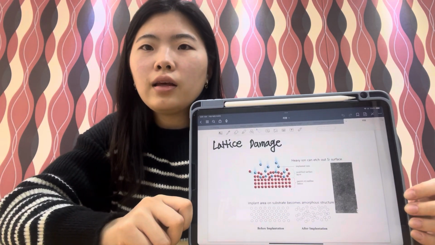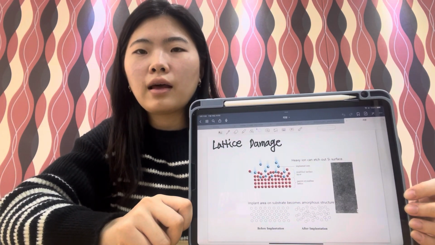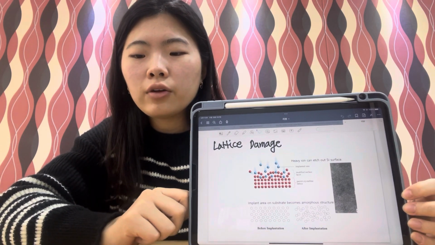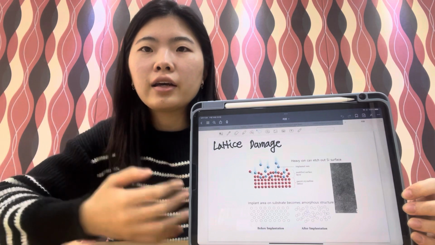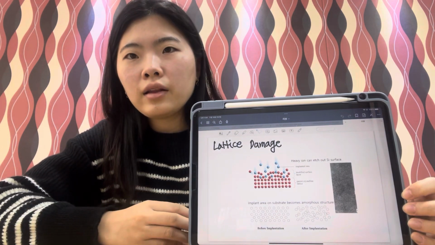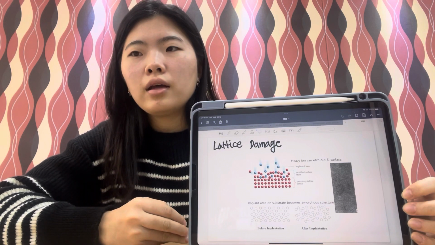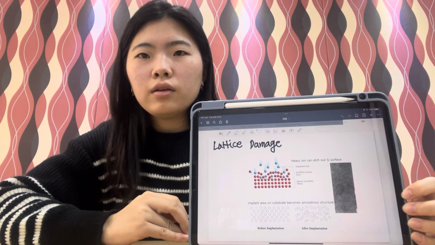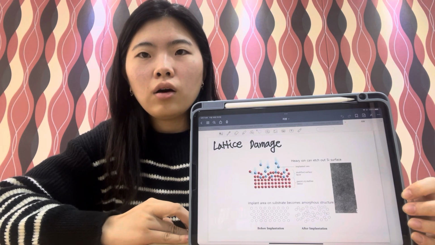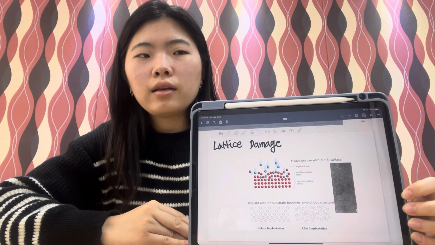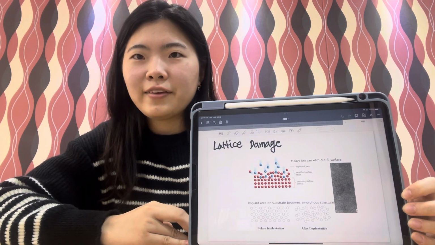So lastly, we will talk about lattice damage. At first, I said ion implantation uses very high energy to dope. That high energy can also damage the surface. So when we do ion implantation, the lattice is always damaged by the ion beam.